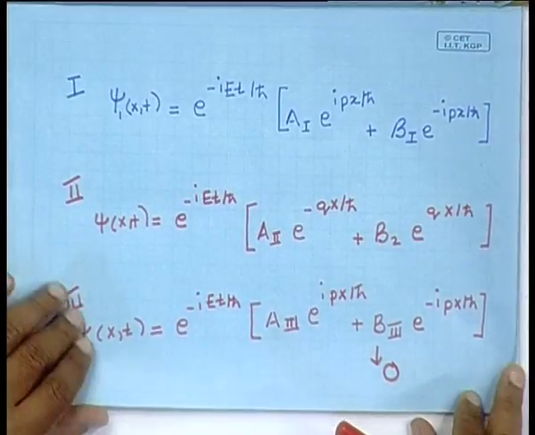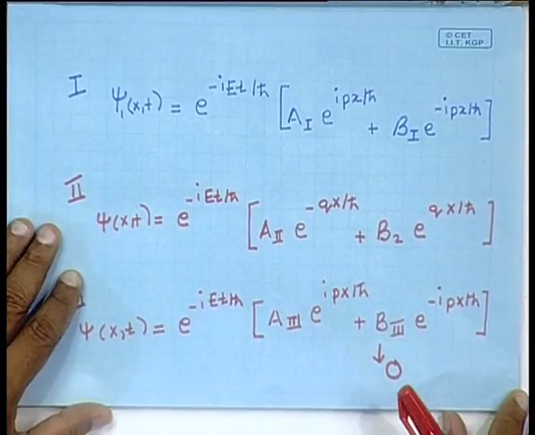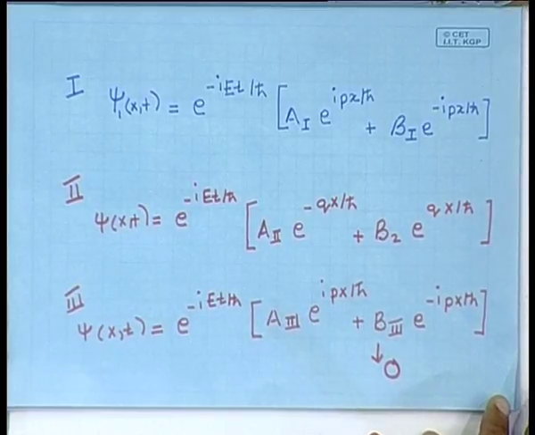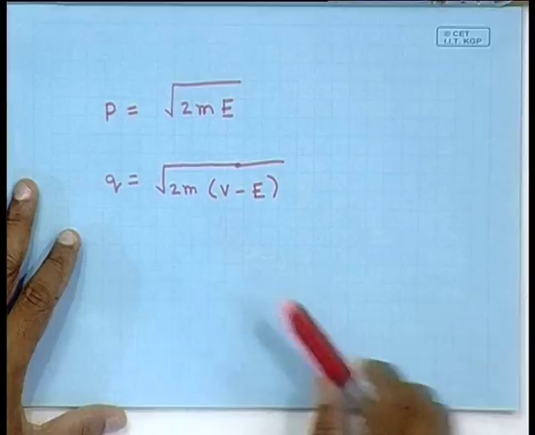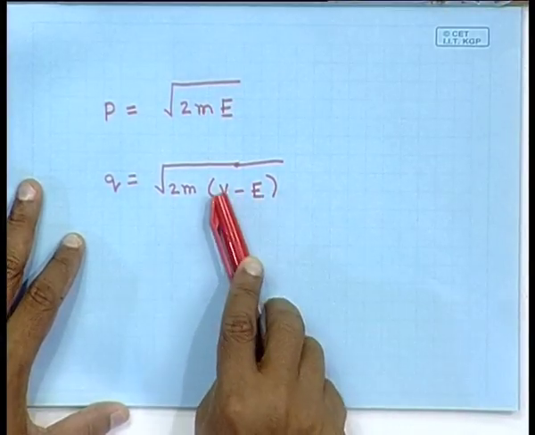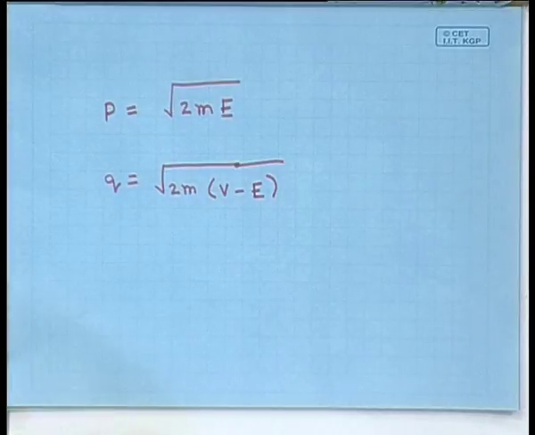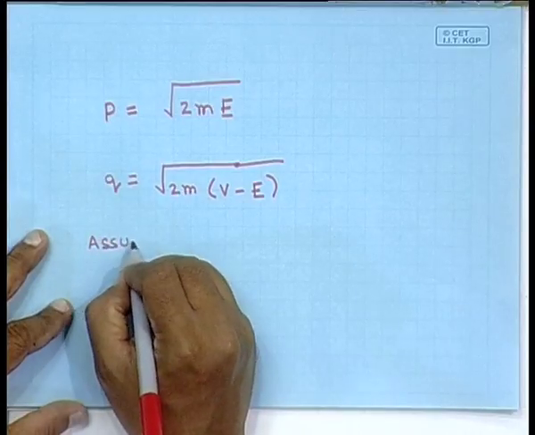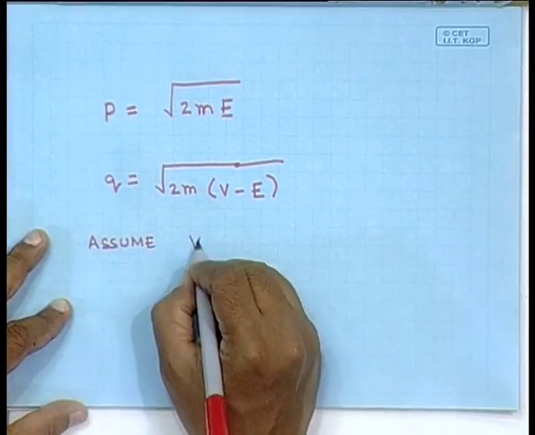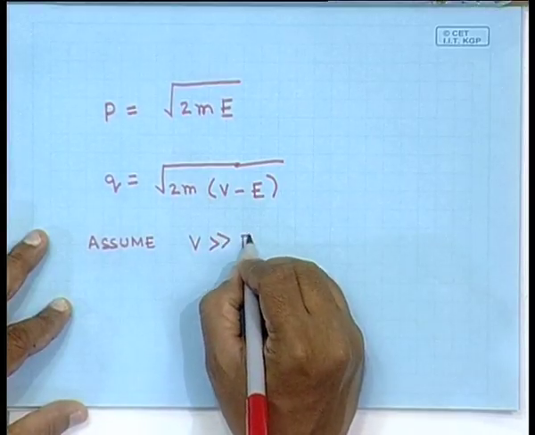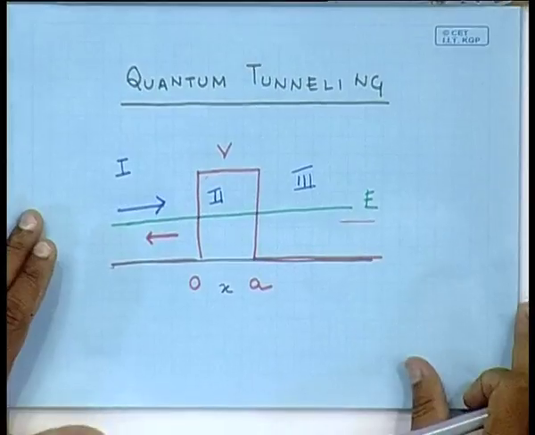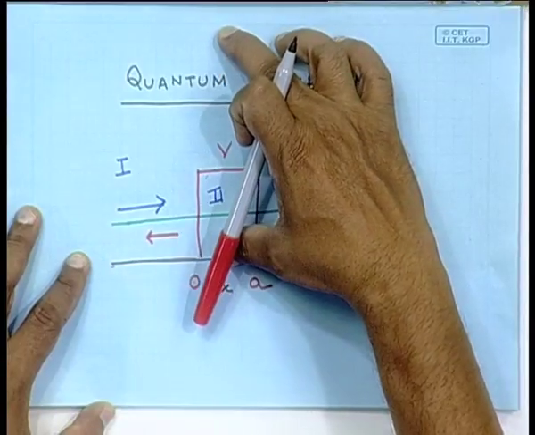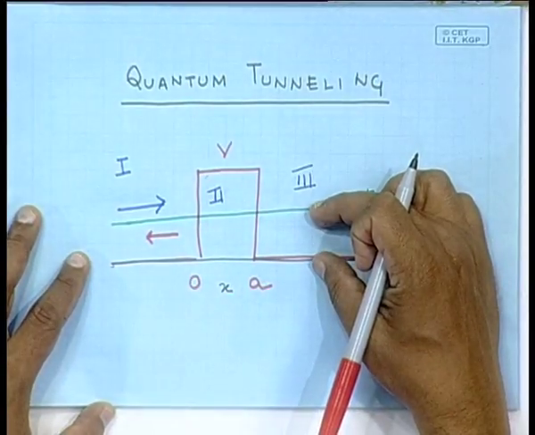In doing this calculation, we are going to make a simplification. We will assume that the potential V is much larger than the energy. So, we are going to assume the height of the barrier is much larger than the energy of the particle. In this picture, we will assume that this V, this height of the potential, is much larger as compared to this energy of the particle.